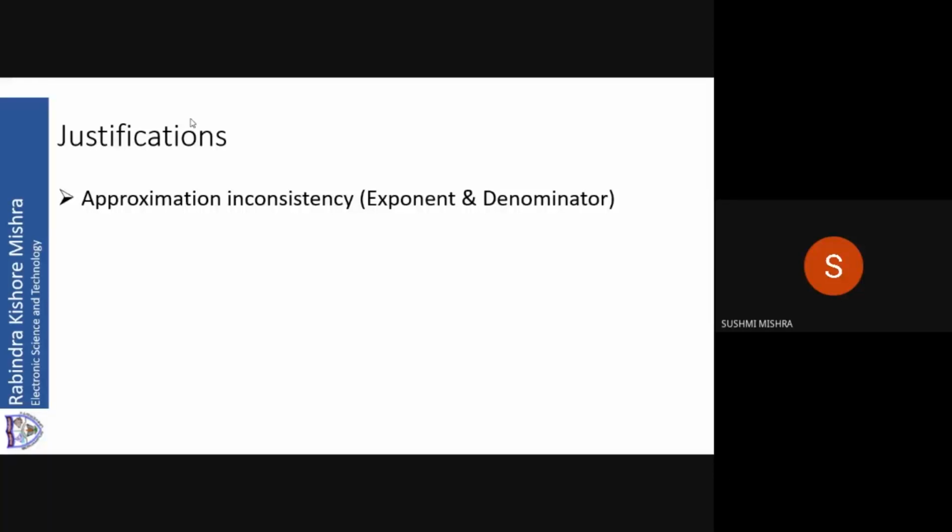Now the first thing that we noticed is there is inconsistency in the numerator and denominator. The numerator contains the exponent term and the denominator contains the r term. So therefore there is an inconsistency. Why this inconsistency? The reason is we cannot neglect this term r cap dot r dash in all cases, particularly if we are using multipole expansion.